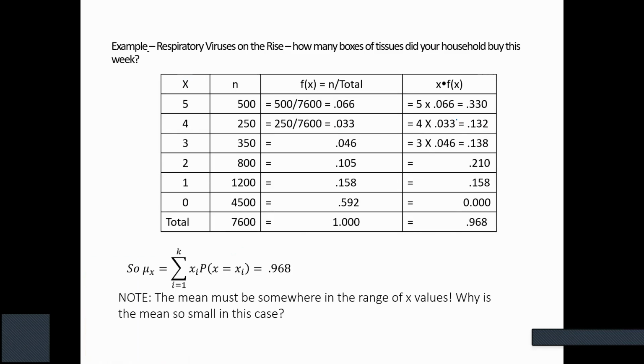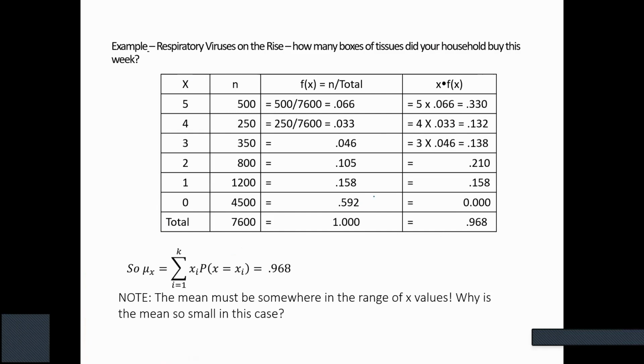So there's our 0.33. The next one, the relative frequency is 0.033, and we multiply that by 4 boxes of tissues and get 0.132. And we're going to do that for all of them. Notice that because one of the values is 0, we can get the relative frequency here, and it's actually really high. It's the highest of them all.